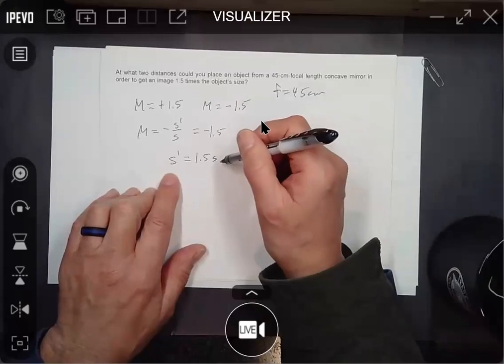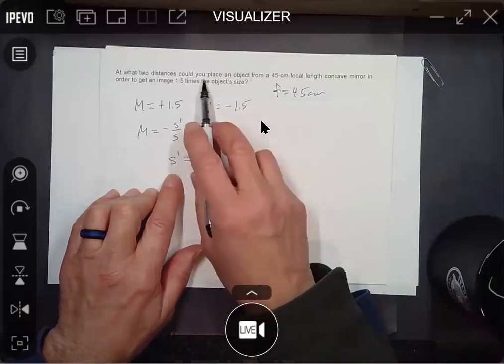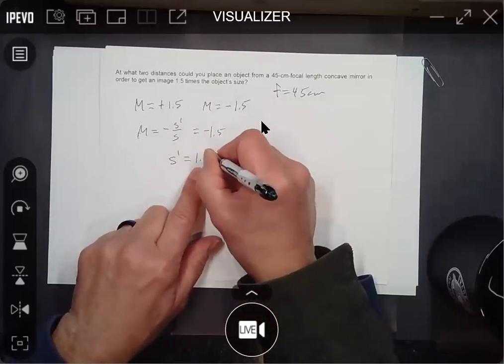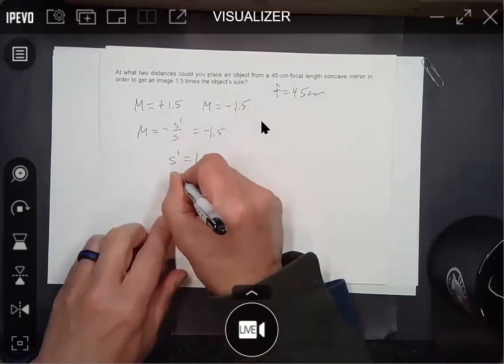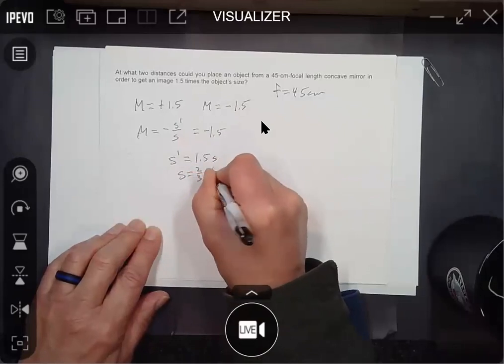With a focal length of 45 centimeters, I want to know where I can place the object. 1.5 is 3/2. That tells me that s equals 2/3 s prime.